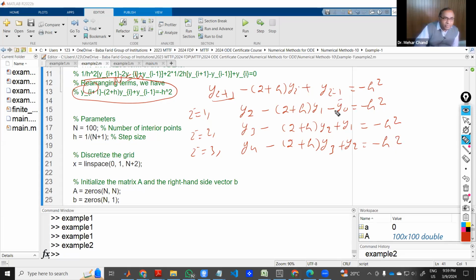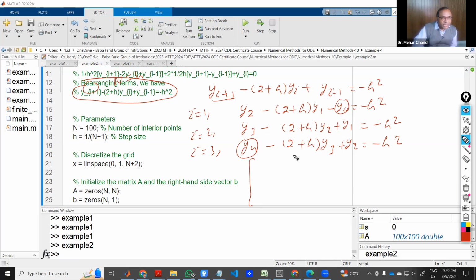So the values of this part and this one are given. When you reduce this to matrix form, we get the values of y1, y2, and y3.